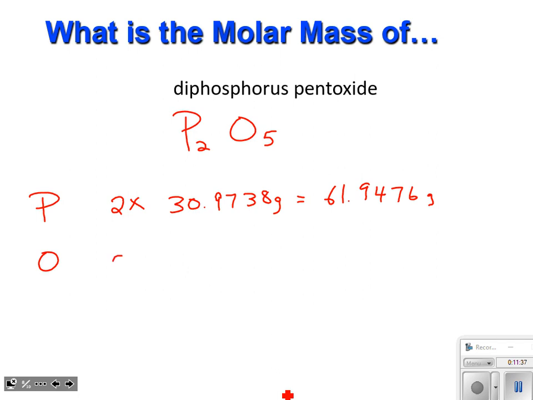Oxygen. I have 5 of them. Each one is 15.9994 grams. So my oxygen is going to be 79.9970 grams.